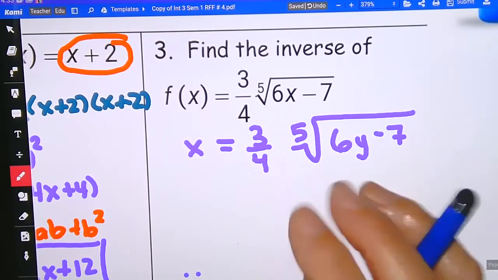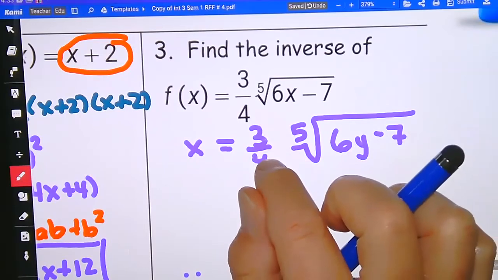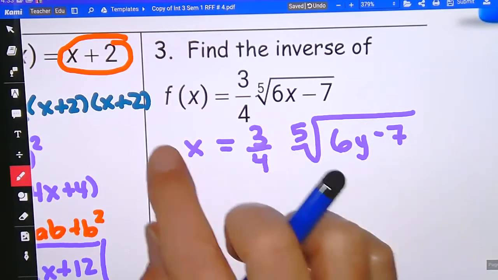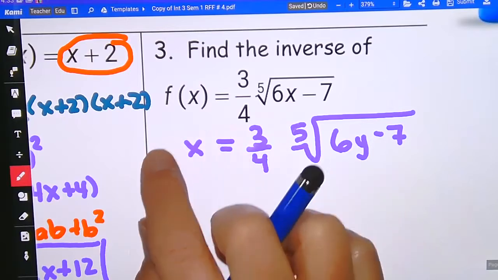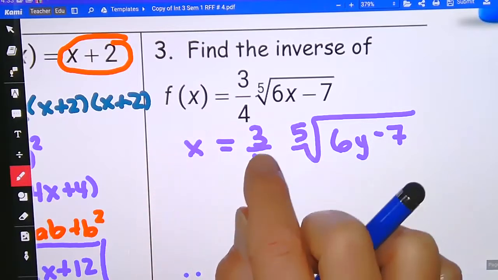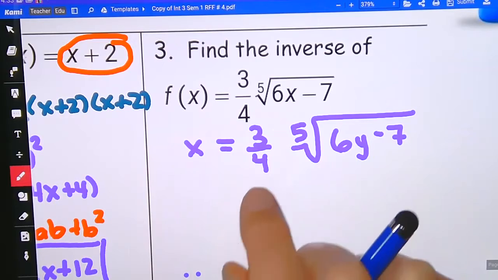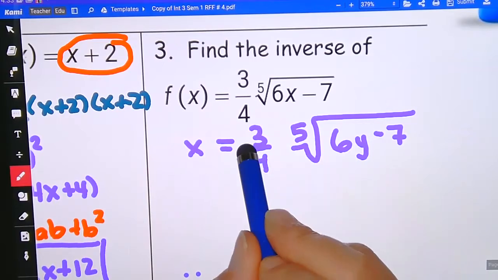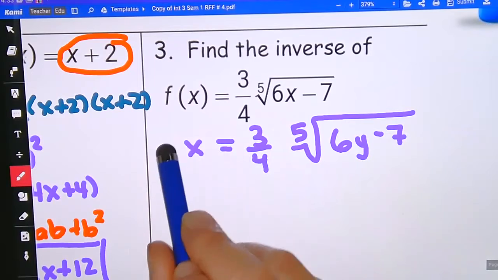So what I'm going to be doing is this 3/4 is going to be the first thing I deal with. I can either multiply both sides by 4 and get 4x over here, and then here this would just be a 3, and then divide by the 3, or multiply by the reciprocal, which will give you the same thing. So I'm going to be multiplying this by 4/3 and this by 4/3.